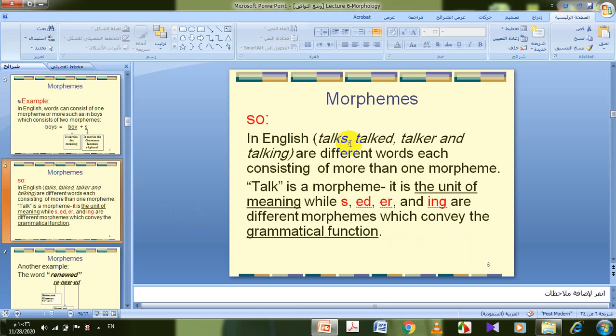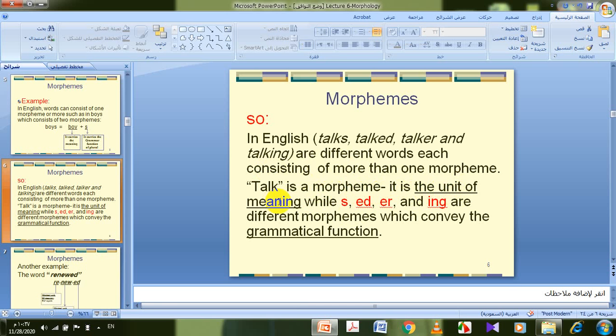In English, talks, talked, talker, and talking are different words, each consisting of more than one morpheme. The first one is talks, the third person singular in the present simple. The second, talked, is past simple. Talker, er, is the doer, and talking is the gerund. Talk is a morpheme.